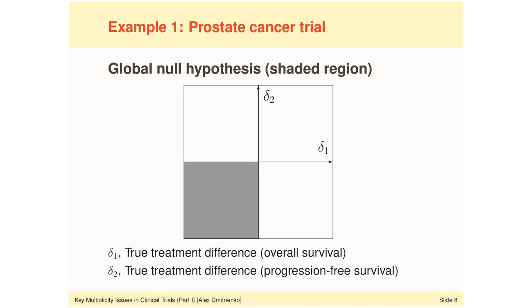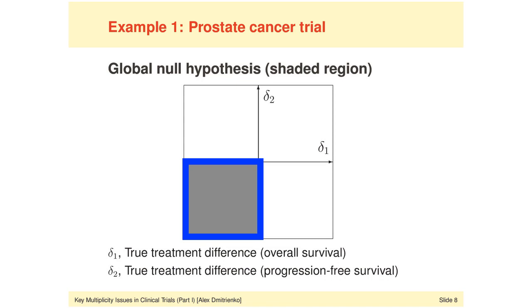They are defined in terms of the true treatment differences based on the first endpoint, which was the overall survival, and the second endpoint in this example, which was progression-free survival. The treatment differences are most commonly defined using the logs of the corresponding hazard ratios, and delta 1 for overall survival is plotted on the horizontal axis, and delta 2 for progression-free survival is plotted on the vertical axis.